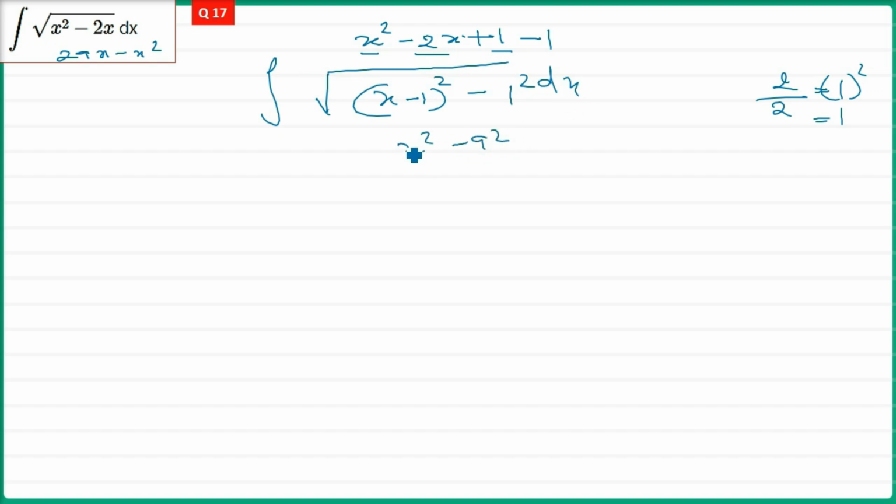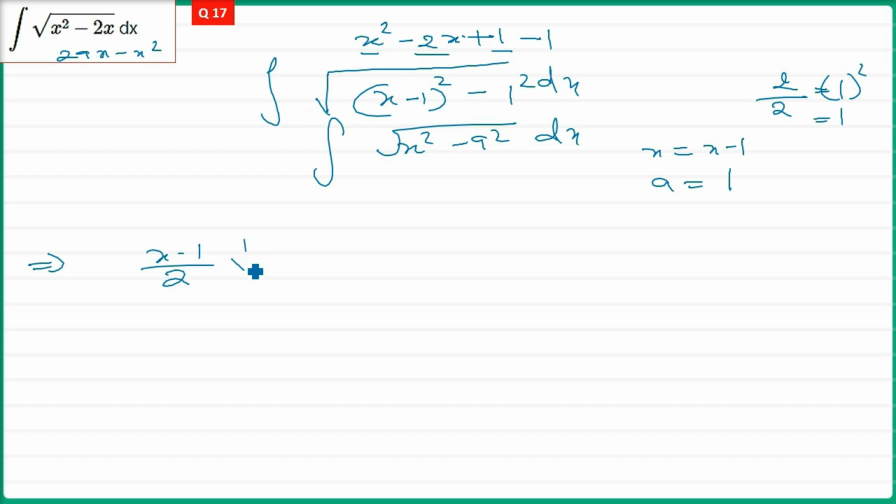So the x square minus a square formula we are going to apply here. x I will take as x minus 1 and a I will take as 1. So what will be the formula of integration of under root x square minus a square? It will be x minus 1 by 2 and then under root x square minus a square, which is the original equation only. So you can just write x square minus 2x here directly, because all these changes we have done to the original equation only.